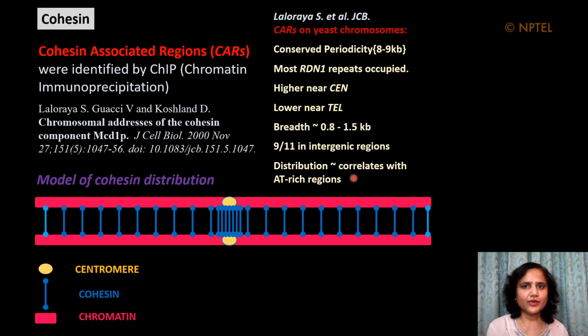We also observed that there is binding of cohesin every few kilobases with some sort of periodicity along the chromosomal arms. And of course, I already mentioned that the binding sites near the ends of the chromosomes appear to be fewer.